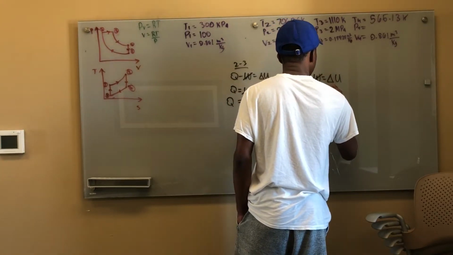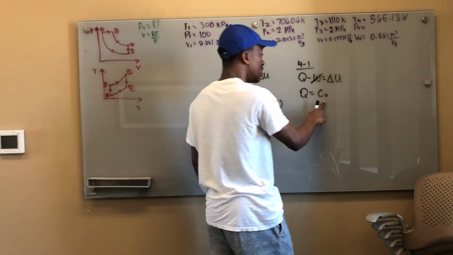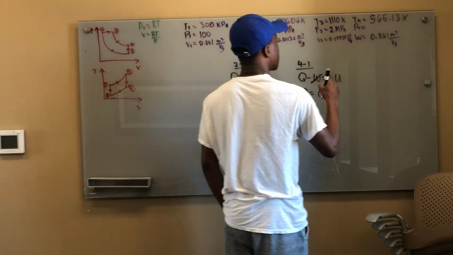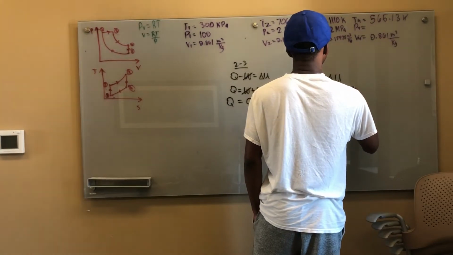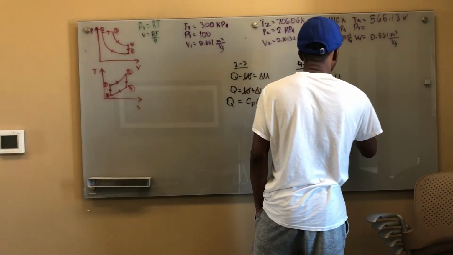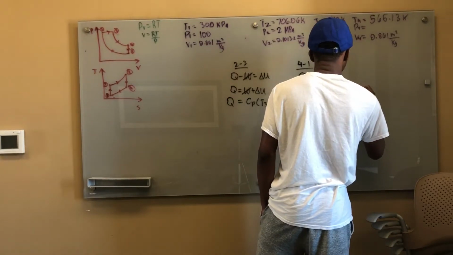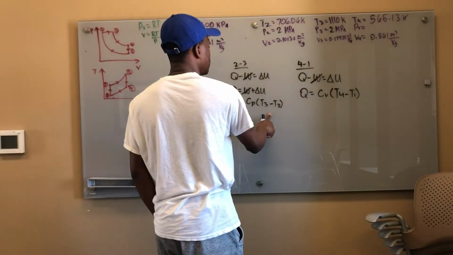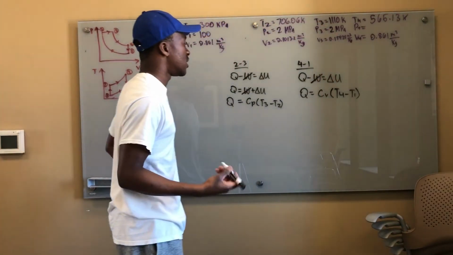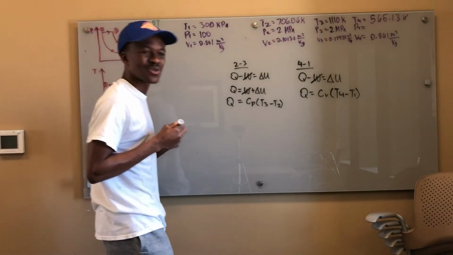Q is equal to CV because constant volume. And I'm just going to do whatever temperature is higher. So it's going to be T4 minus T1 because we always want a positive number, right? And that's the same thing I did here, T3 minus T2. T3 was the higher number, T2 was the lower number, even though it's also like final minus initial, right?